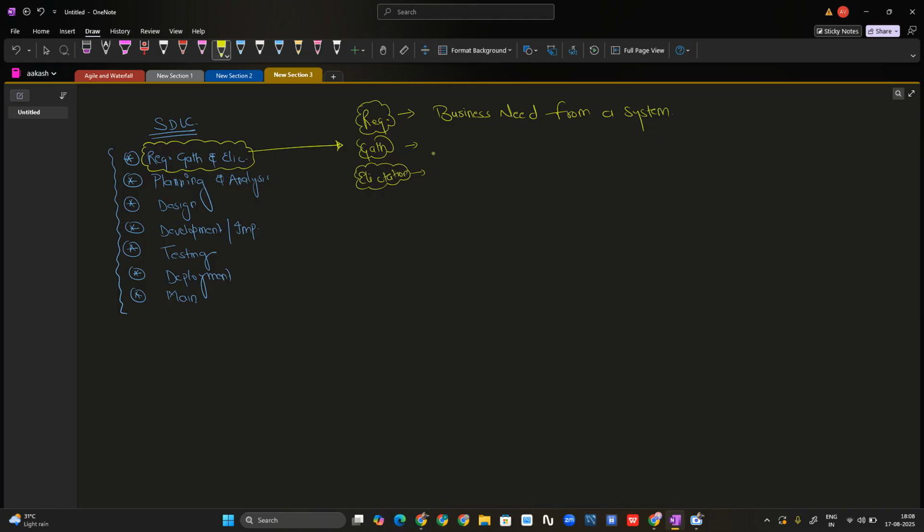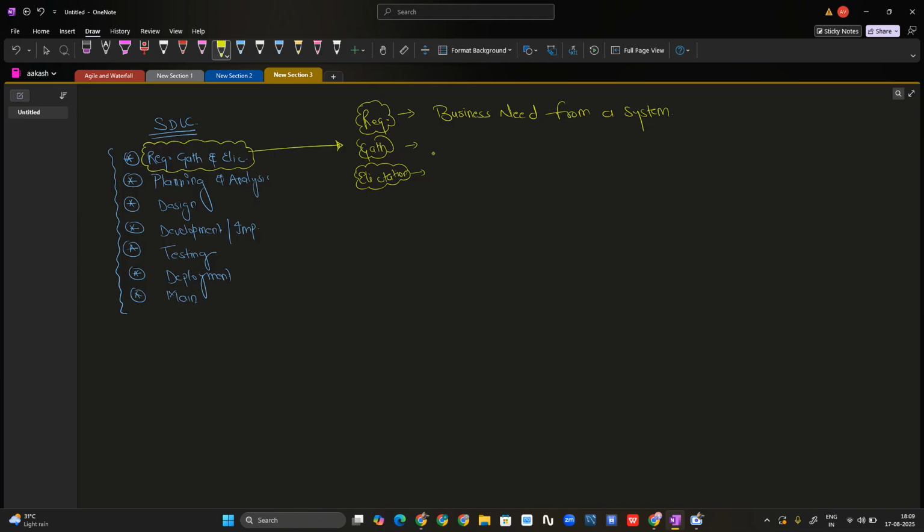Most business analysts don't know this difference. Requirement gathering is basically a big umbrella. Requirement elicitation means bringing out the real needs by asking, by observing, by validating, or through questions from the business analyst to the main stakeholders. That is known as the elicitation part.